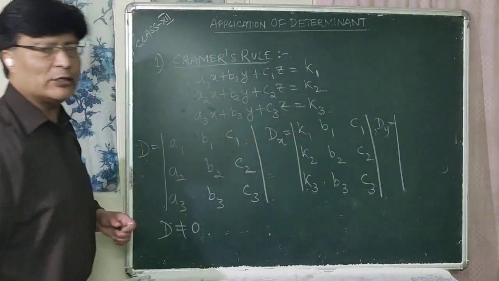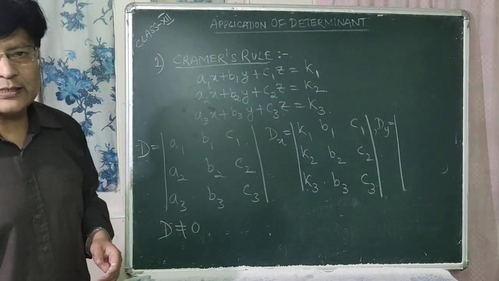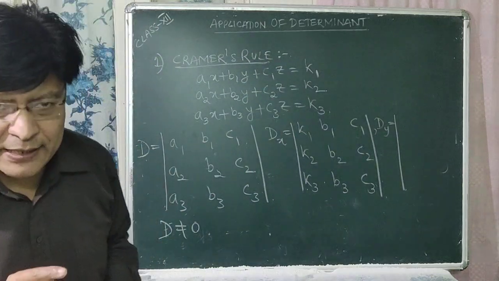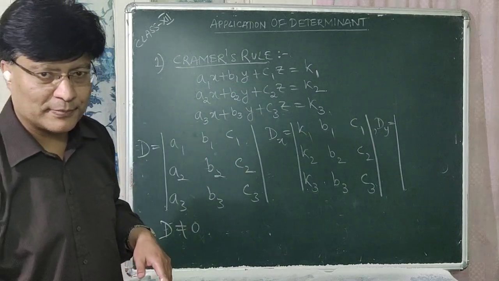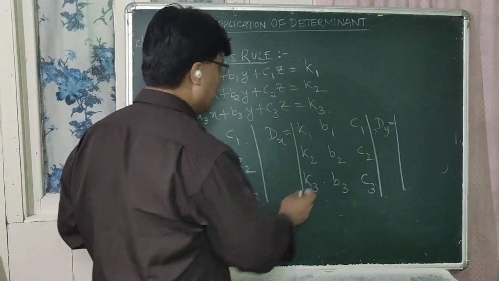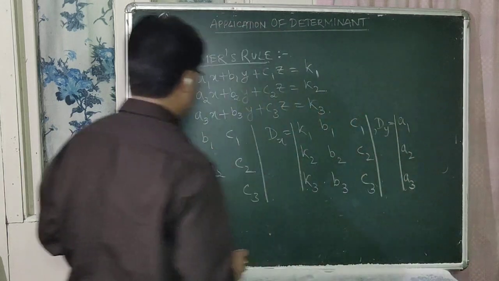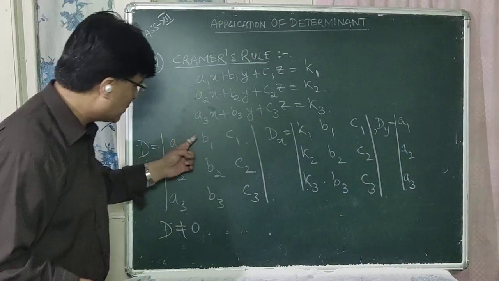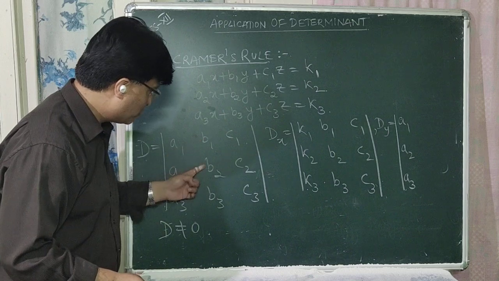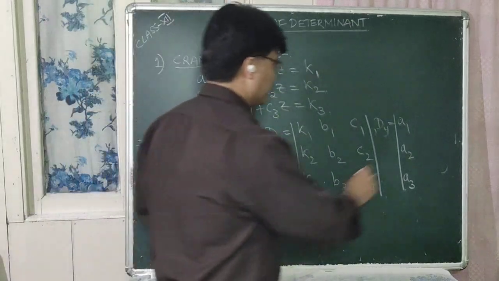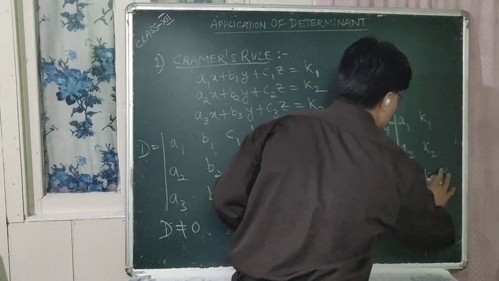So in order to get dy, the second column should be replaced by the constants k1, k2, k3, keeping the first column and the third column the same. Is that clear? Now this dy will be a1, a2, a3, which remains the same. Now you have to replace this coefficient of y by k1, k2, k3.